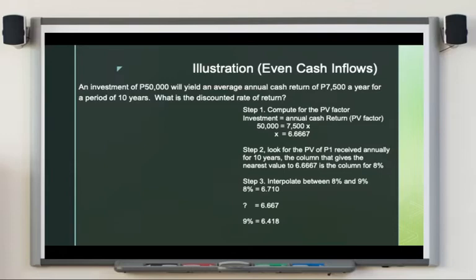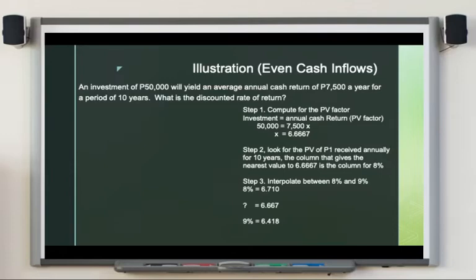So again, our objective is to determine the rate of return, or the percentage that we will be multiplying to the annual cash return that will equate to the total net investment. So since the net investment is 50,000 and the annual cash inflow is 7,500, we are looking for a rate that when multiplied to 7,500 will be equivalent to 50,000.